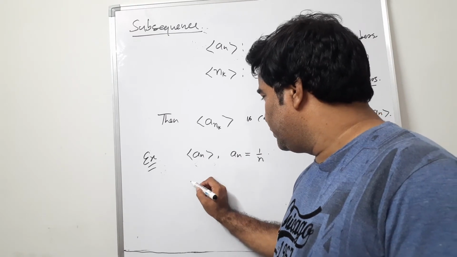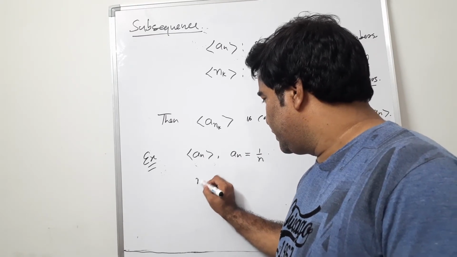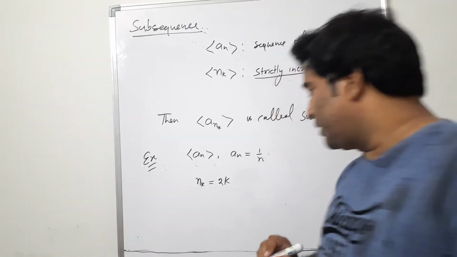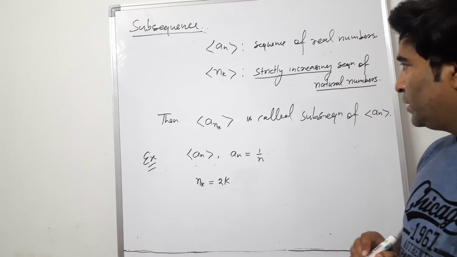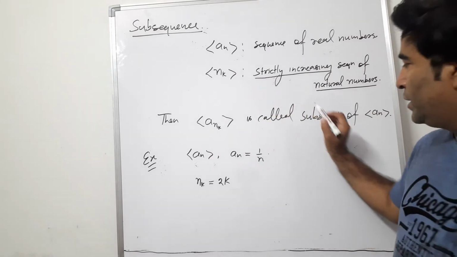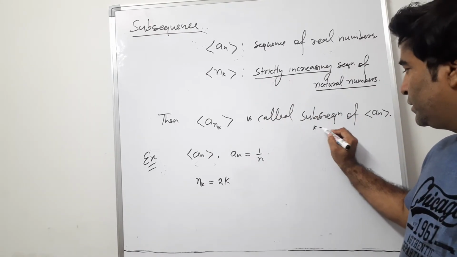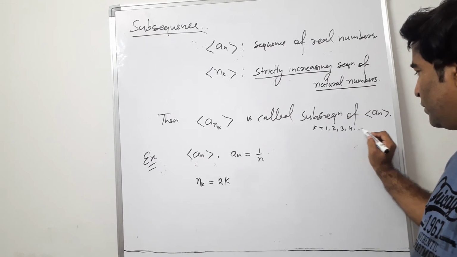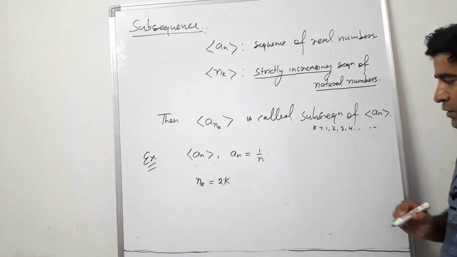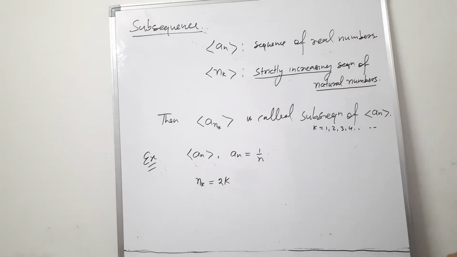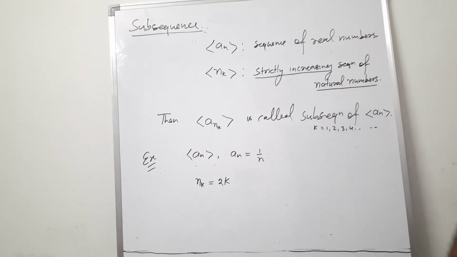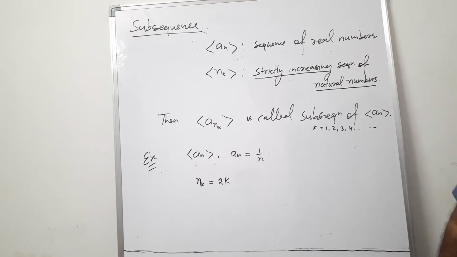And here we take nk is equal to 2k, okay, and here k is 1, 2, 3, 4 and so on. K is a natural number, starting from 1, 2, 3 and so on.